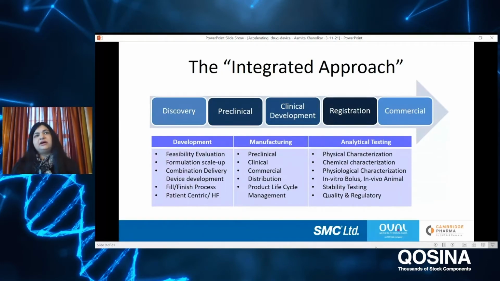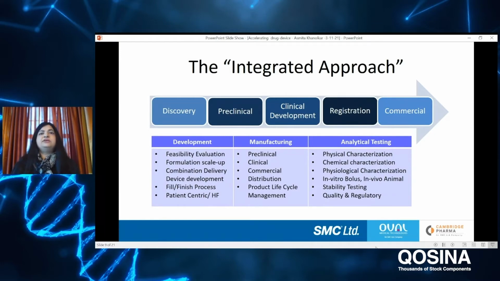As we look at the drug movement from discovery to commercial phases, there are a lot of times where we're going to have iterations, whether they are iterations on the drug side or iterations on the device side. There are going to be learnings and changes put in through these iteration cycles.